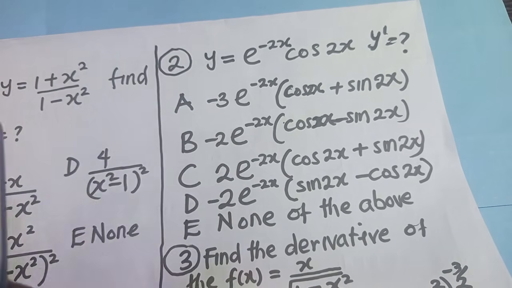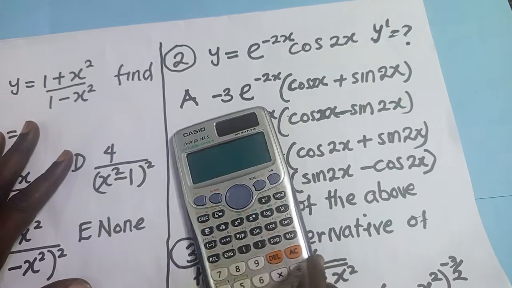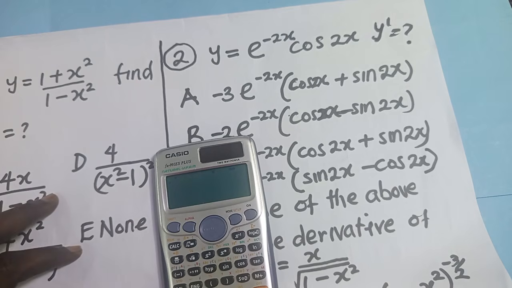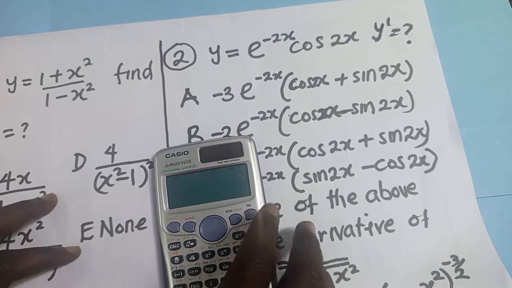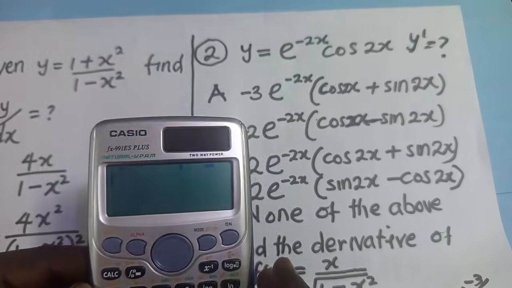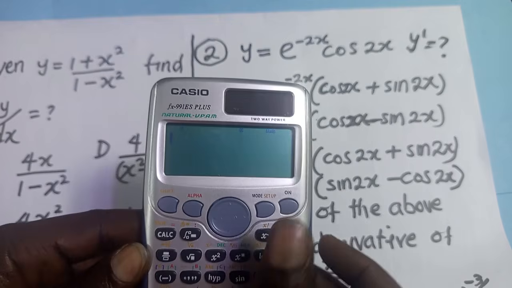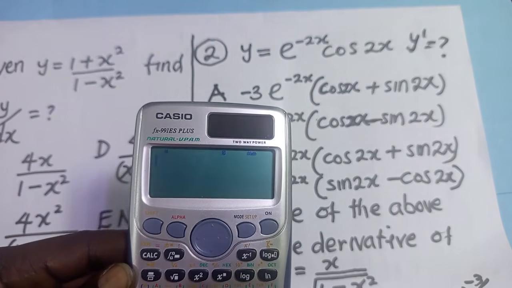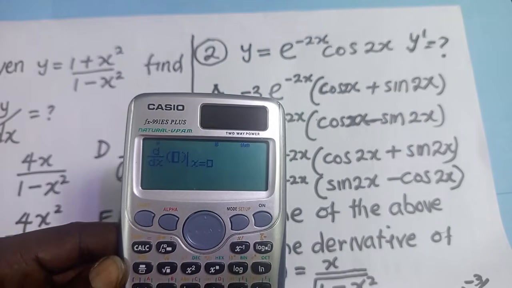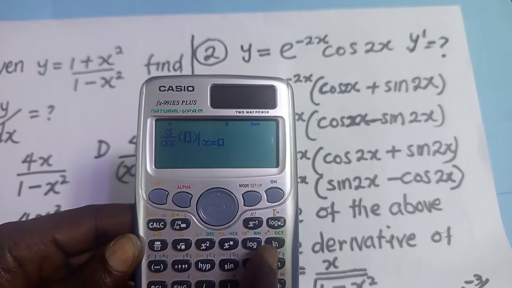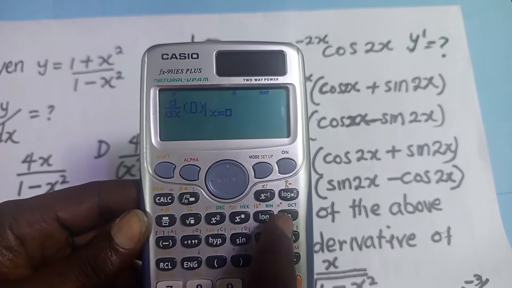So what I want to do now is simply work with our calculator and input all those values. Press shift, then press the exponential, e to the power, which is on top of the ln key.